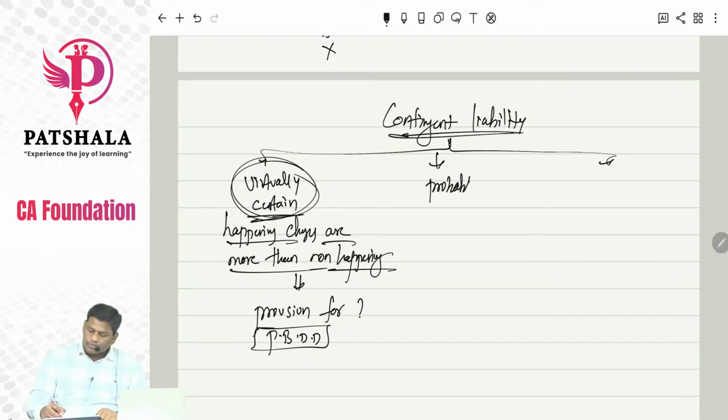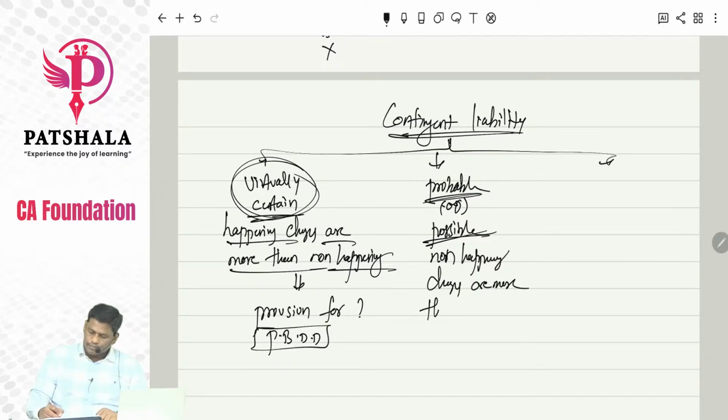Probable or possible means non-happening chances are more than happening. Non-happening chances are more than happening.